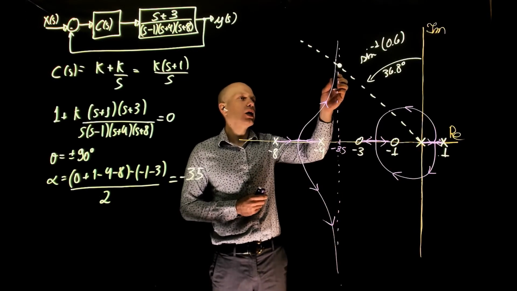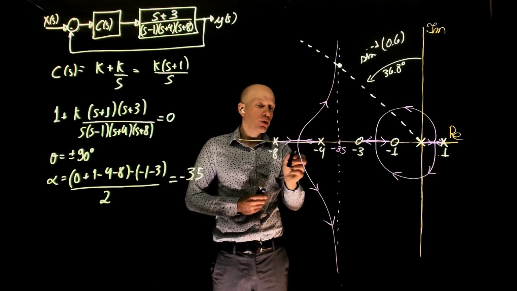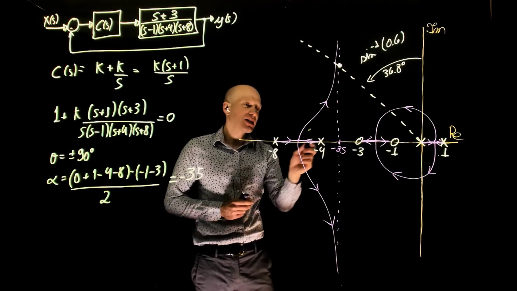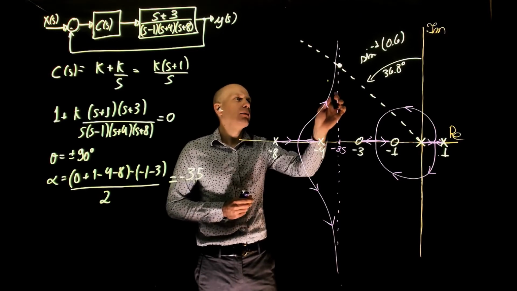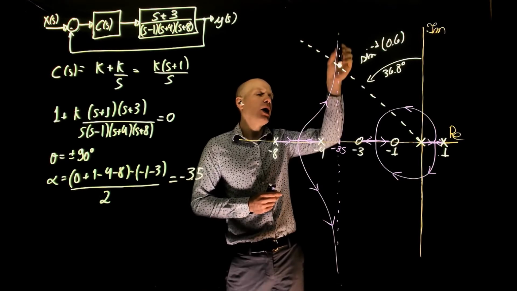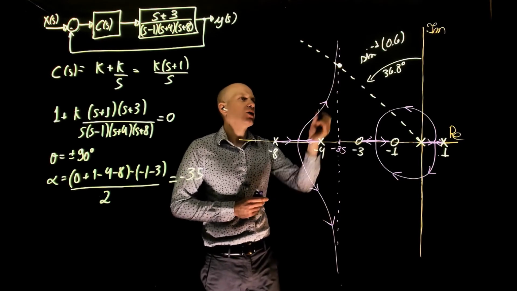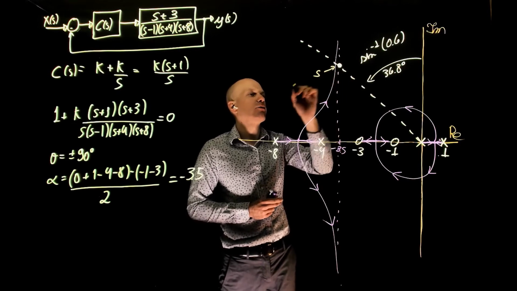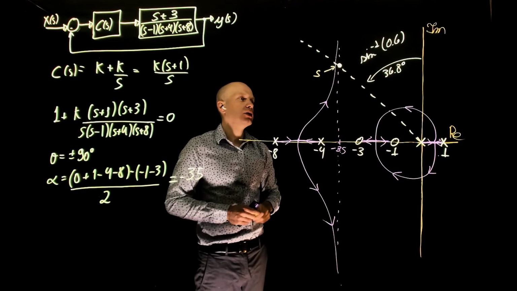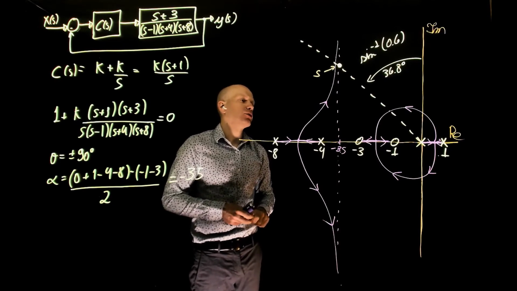We have a straight line, and we know that these poles will come together and move along that straight line. Of course, that assumption is not valid around here, but it's valid as the value of K increases. Now the poles are parallel to the asymptote, and you can assume that this is the value of s on the root locus that has the desired damping ratio of 0.6.